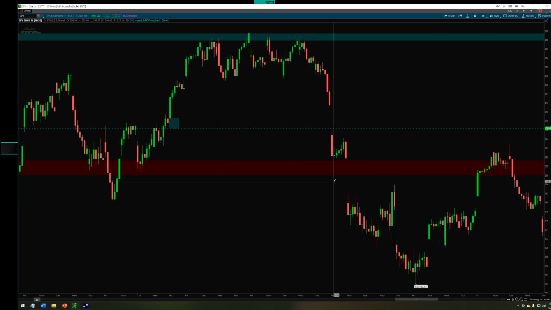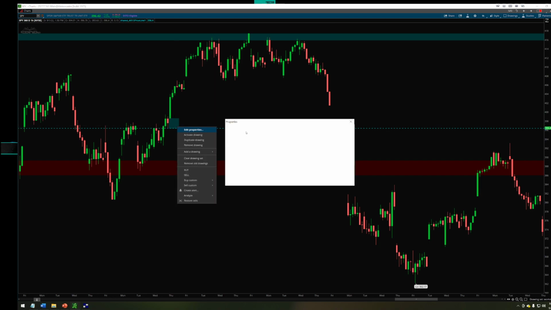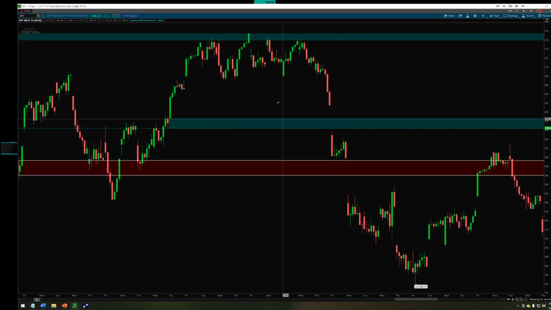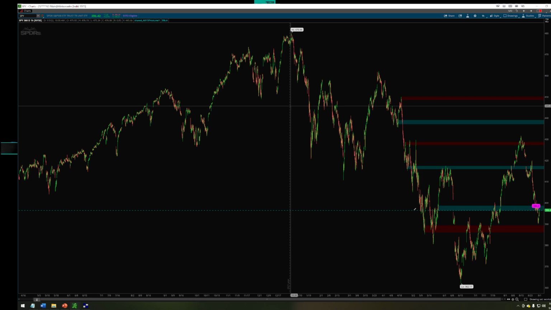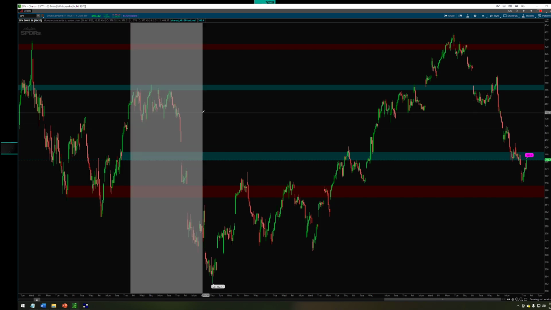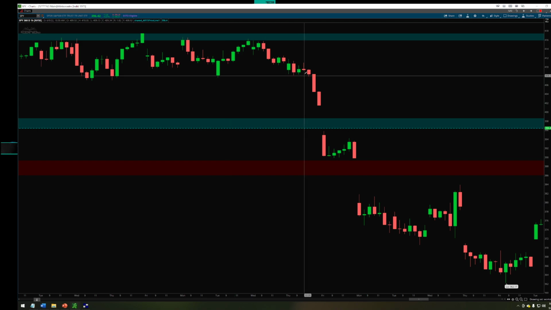Okay, so now we plot some here, and let's take a look at what happened today with these levels, right? Okay, we have this one here. Let me draw one more that looks very obvious. This one, if you can see, right? Very obvious. So open, last green candle to close.